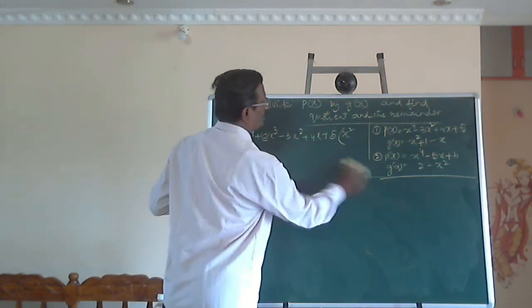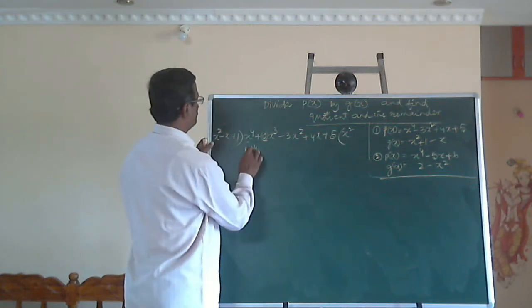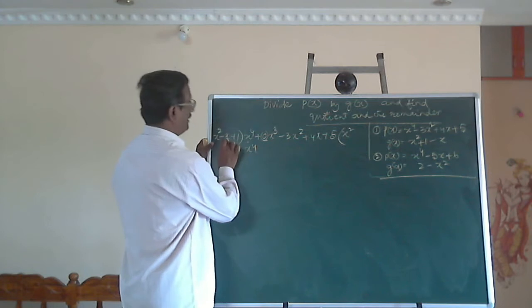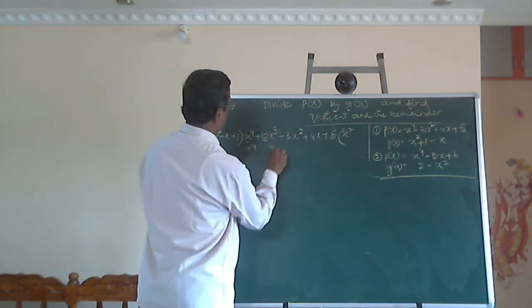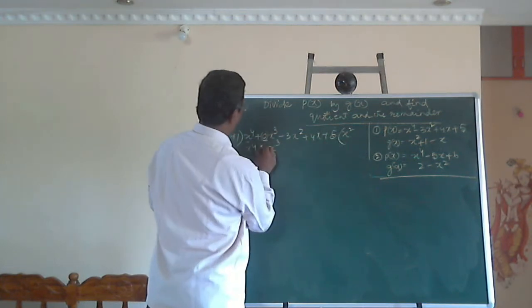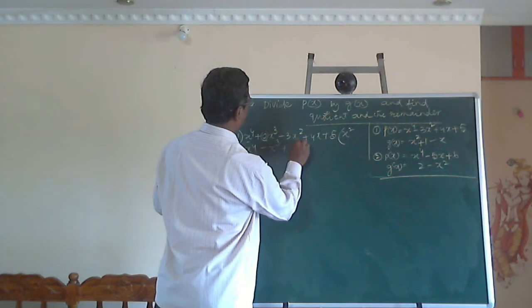Now x square into x square, x to the power 4, minus x into x square, x into x, x cube, with the plus into minus, minus x into x square, x square.